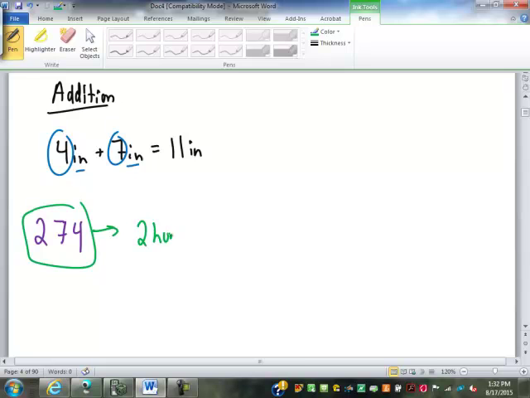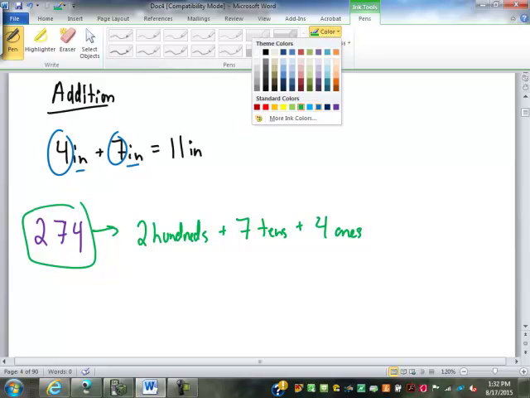It is 2 hundreds and 7 tens and 4 ones. The place values are the names. So in a larger number like this, each digit is a count and a name, or the place value tells us its name.